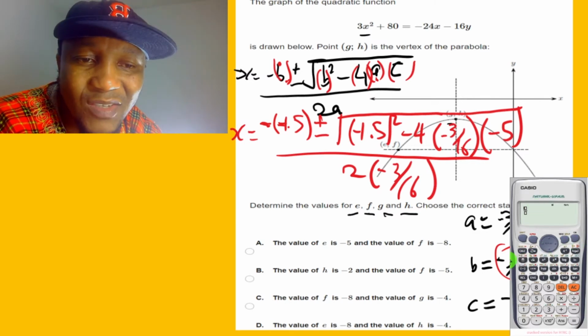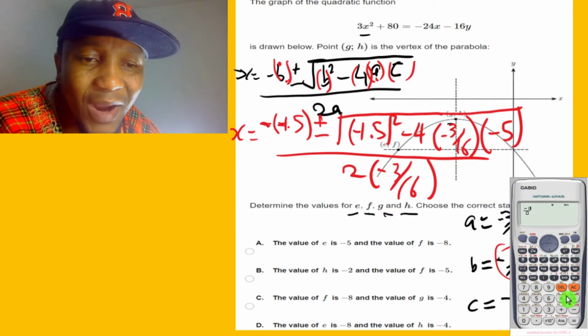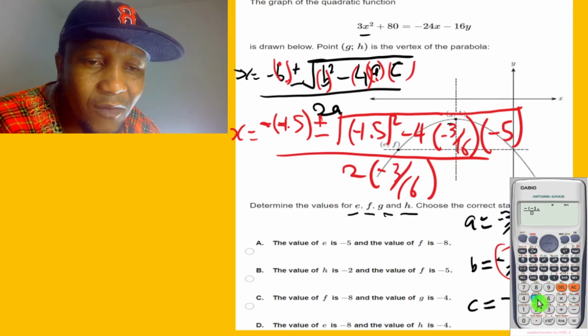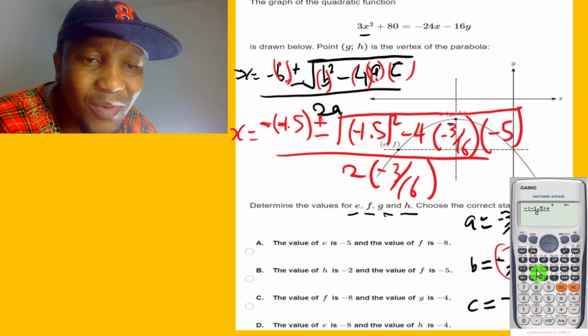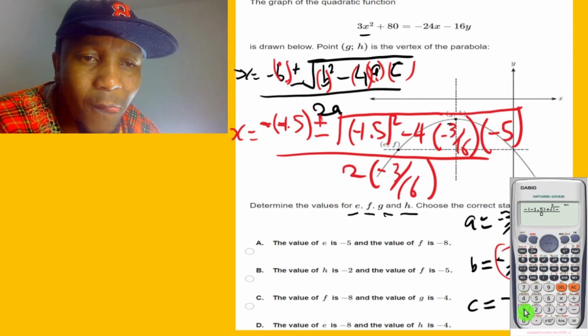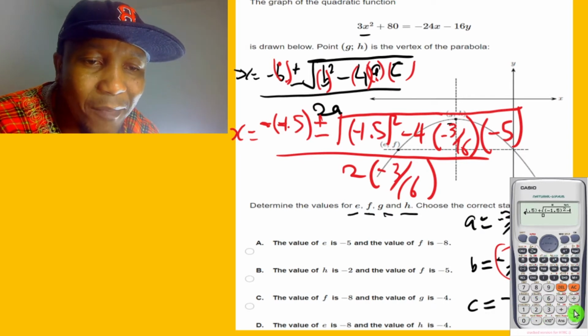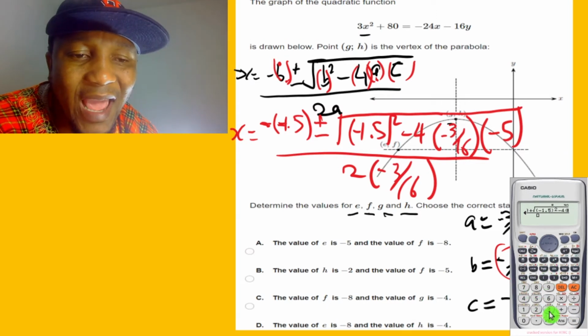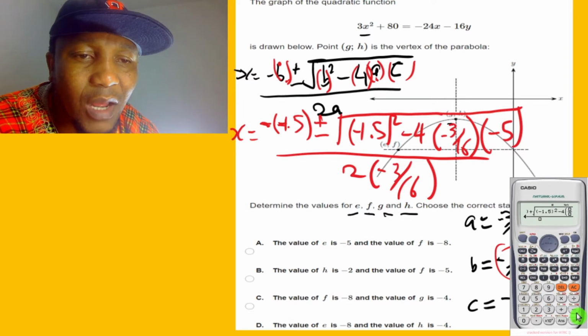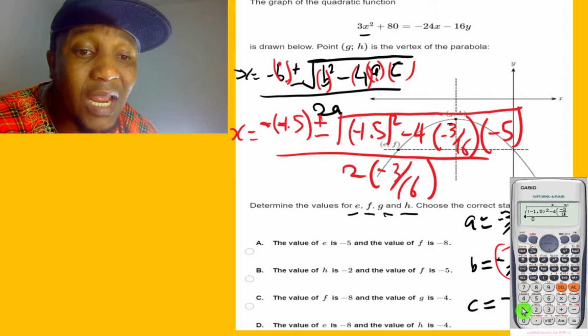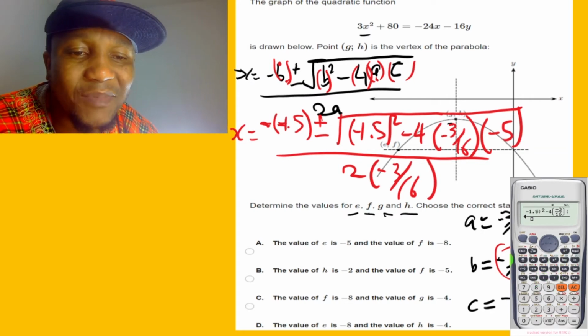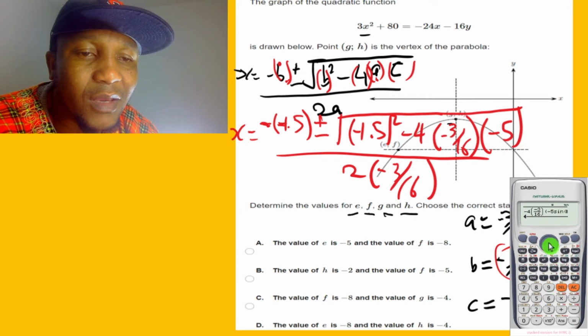Bracket, negative, bracket, -1.5, close the bracket, and then plus, square root, in the bracket -1.5 because that's the value of b, minus 4, bracket, for a, -3/16, times c equal to -5.